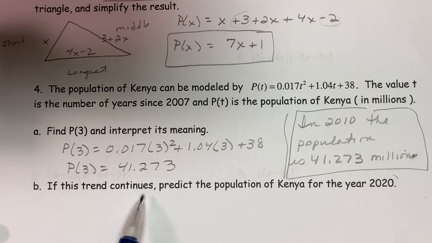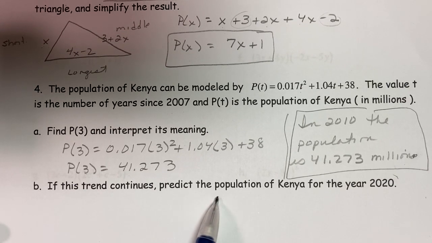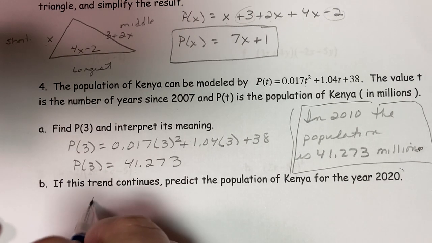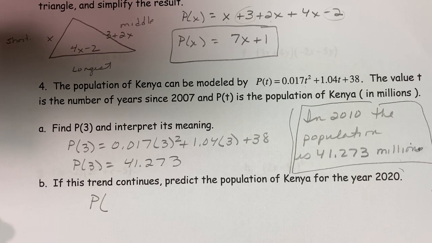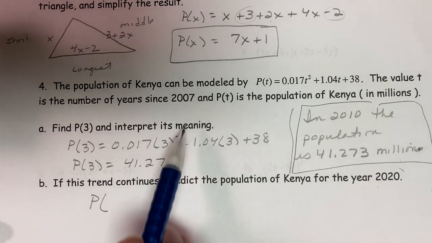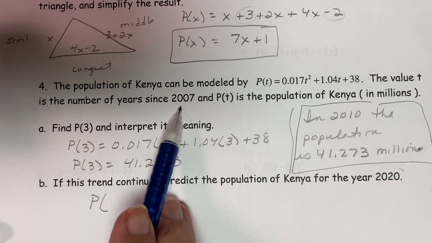If this trend continues, predict the population of Kenya for the year 2020. Well, I'm going to use that population function. And what am I going to plug in for t for 2020, knowing that it starts off in 2007?